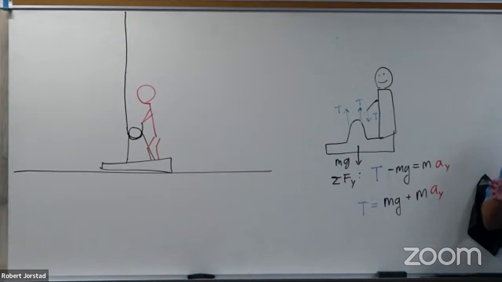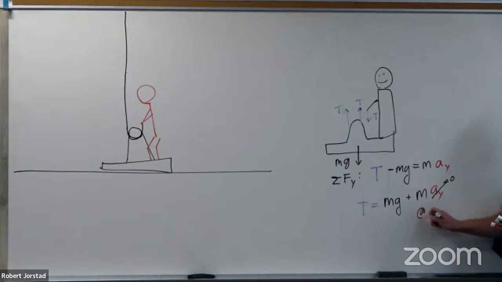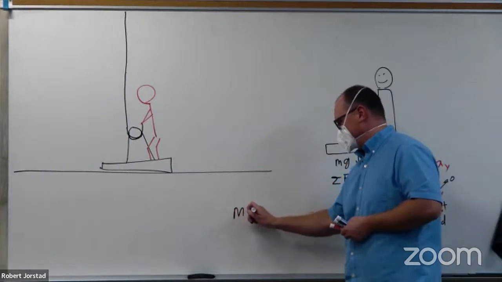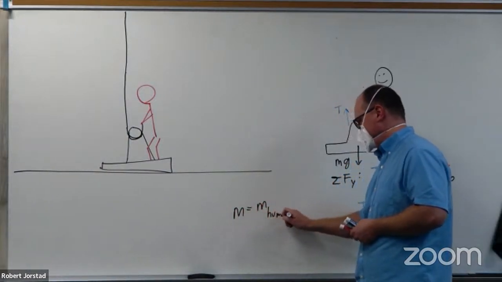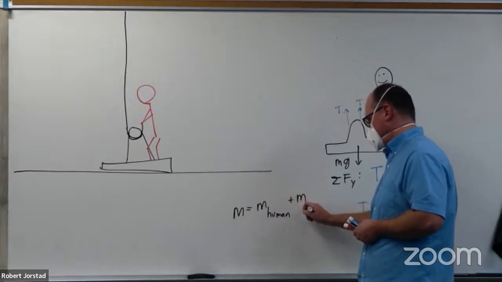If you lift it at constant speed, what's a_y? 0. What is the mass involved? It's the mass of the human plus the mass of the platform.